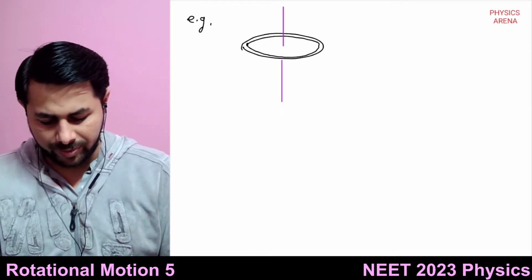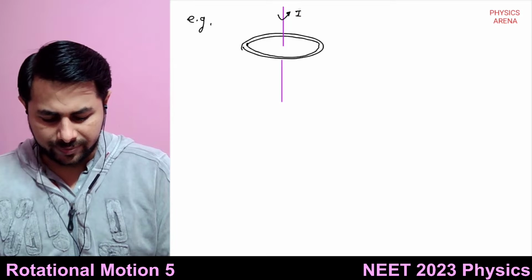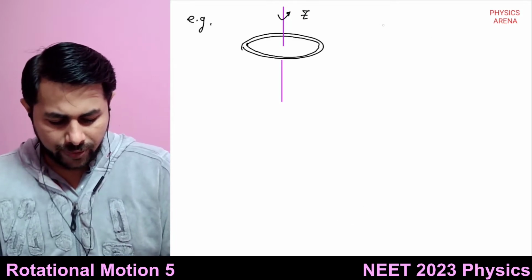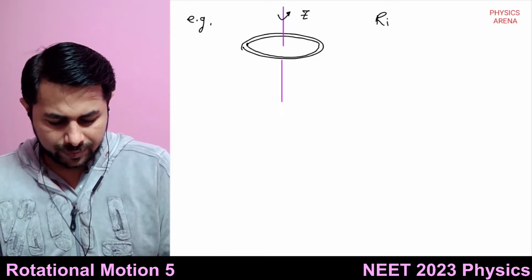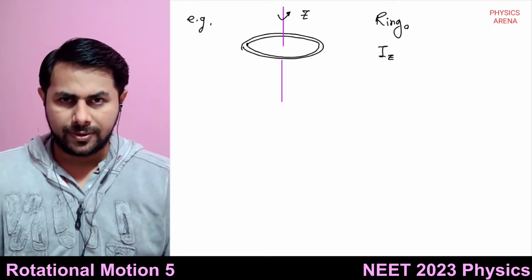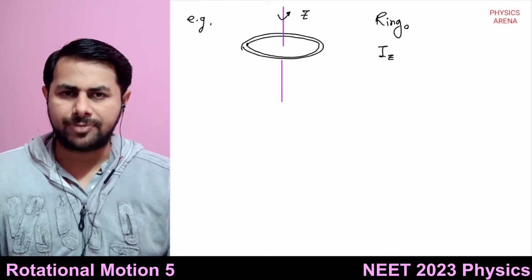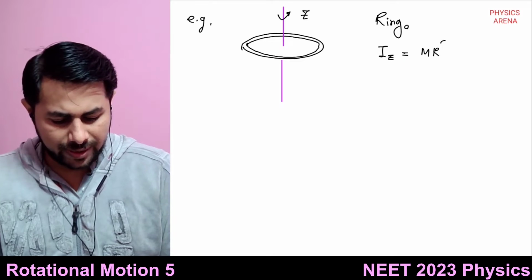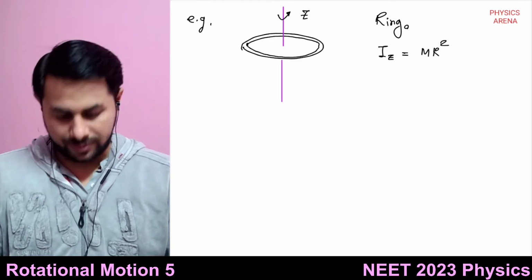So how much is that moment of inertia? Let's call this the z axis. So for a ring, the moment of inertia about this z axis, which is perpendicular to its plane and passes through its center of mass, is equal to mr square. We know this.